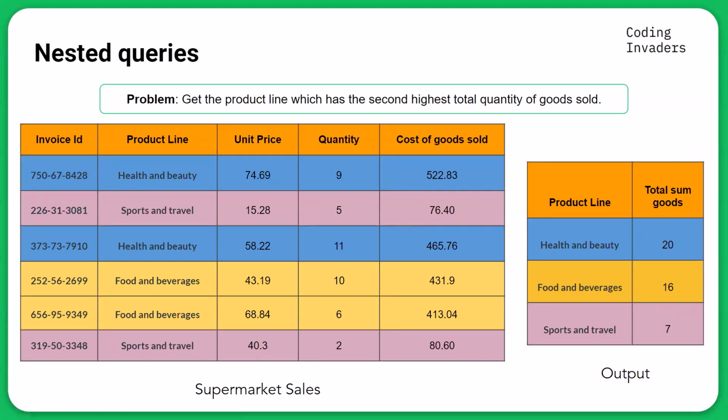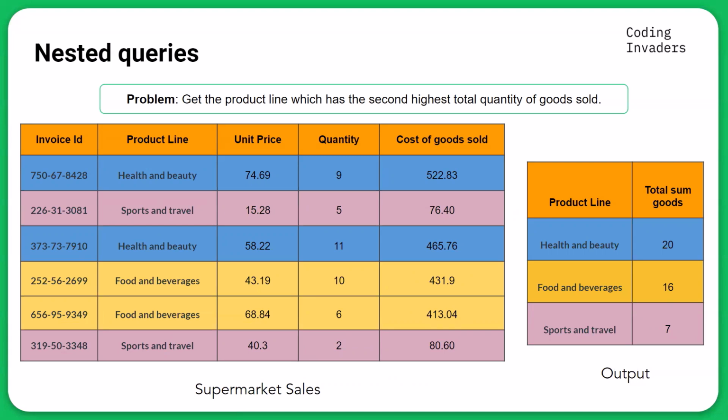That is, in health and beauty, we have the total sum of goods sold as 20. That is, we added 9 and 11. Similarly, for food and beverages, we have 2 rows. Hence, we summed the quantity 10 and 6, so we got the total goods as 16. Finally, we have sports and travel, where the total sum of goods is 5 plus 2, which is 7.